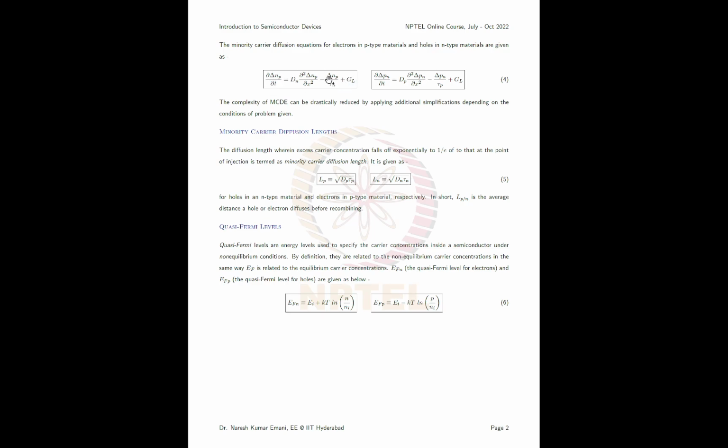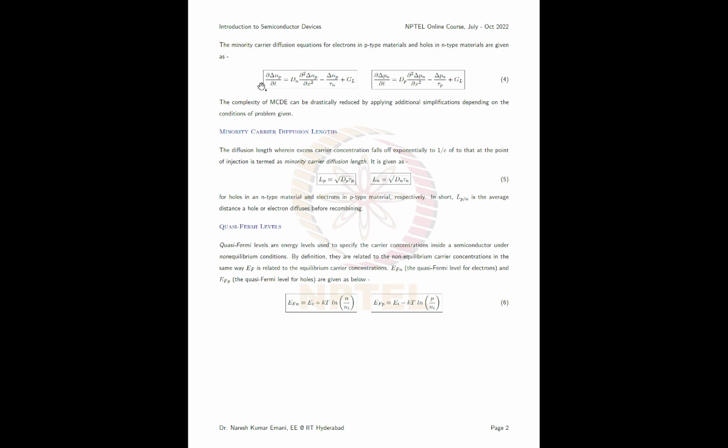This is for electrons in p-type materials. Del delta pn by del t equals Dp del square delta pn by del x square minus delta pn by tau p plus GL. This is for holes in n-type materials.